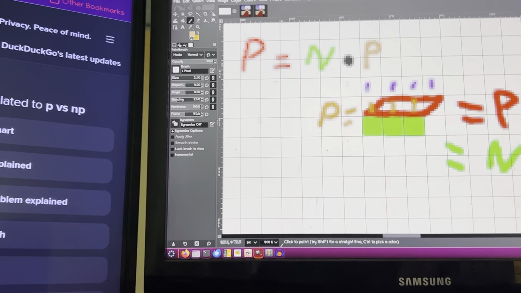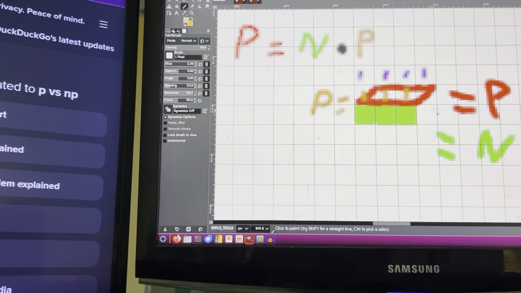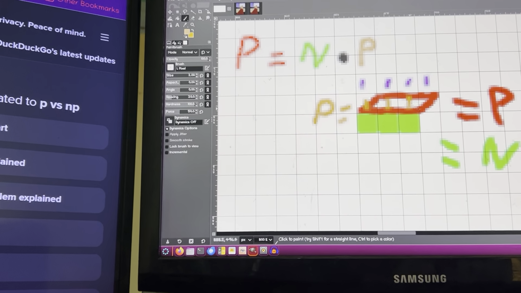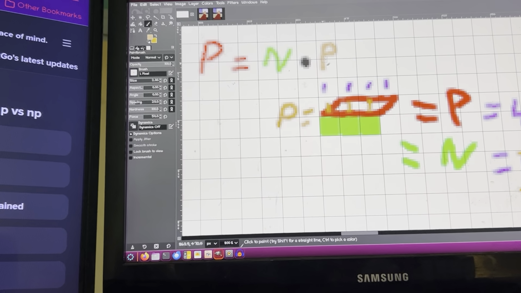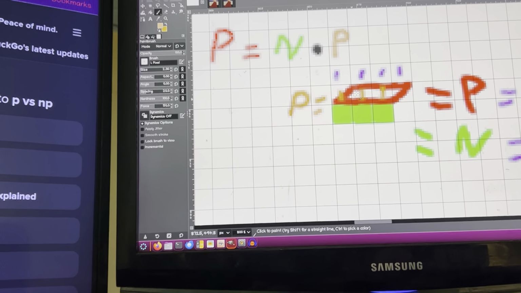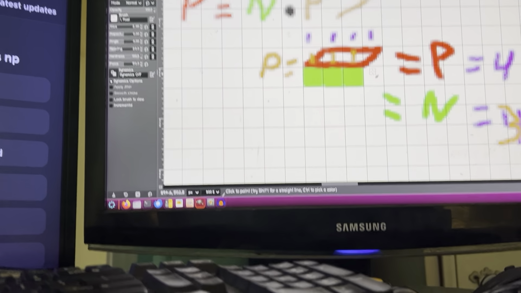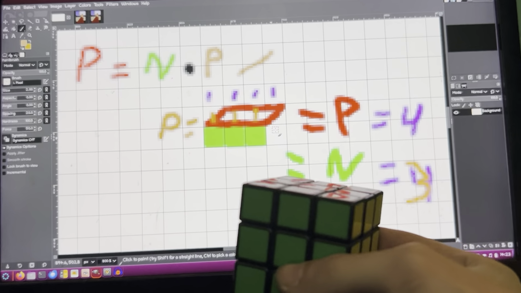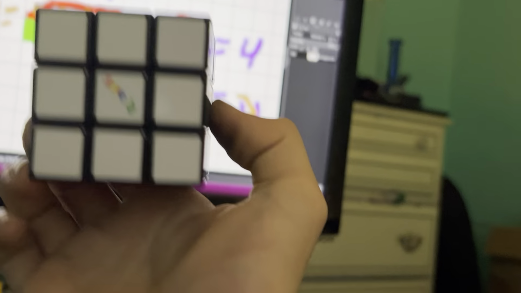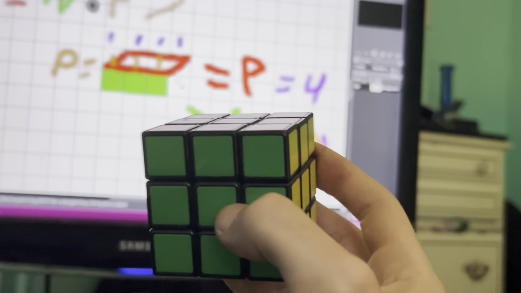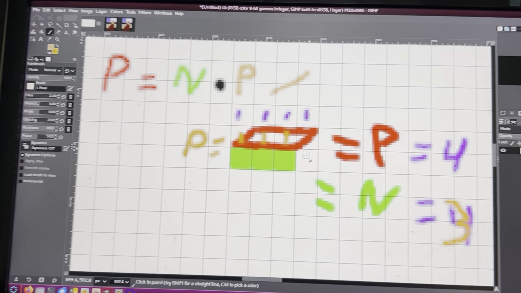Oh, so like, here's what we're saying. Okay, we're saying red P, which is this square, an entire face, is the same thing as N times P, which is basically going in the diagonal direction, right? Gold, like if I'm looking at this cube here, gold P is this white top row. That's what gold P is, okay? So there you have it.